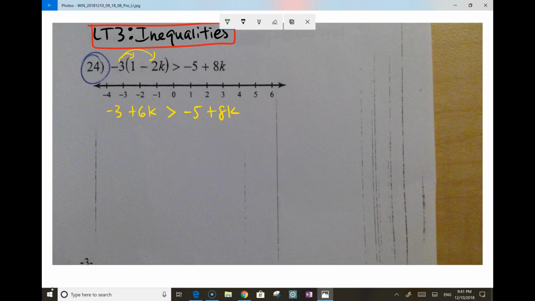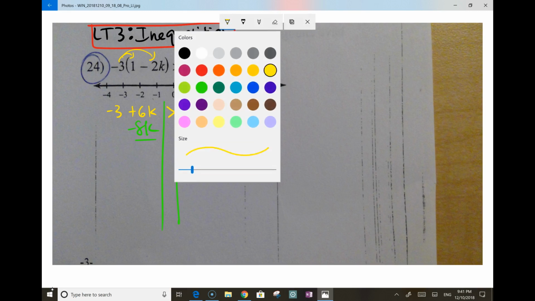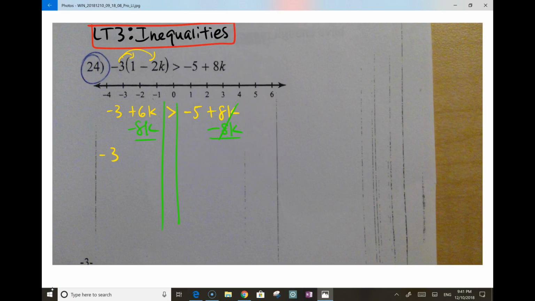So I'm first going to divide this, just because I like to have that division, as I said before. And to move the 8k, I'm going to do the inverse. So subtracting 8k from both sides. These two eliminate. And I get -3 minus 2k is greater than -5.